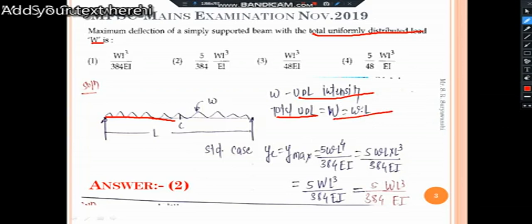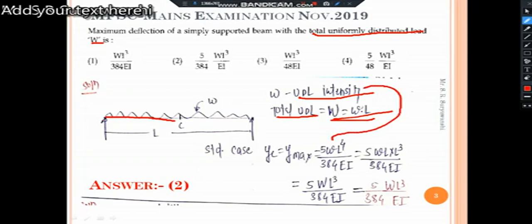So this is the standard case. Maximum deflection will occur at its center and is given by the formula 5wL raised to 4 divided by 384 EI. In this formula, w is the UDL intensity as per our standard case.